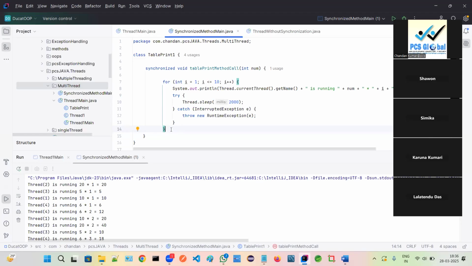That is clever, but the thread is also kind. Whenever it is leaving this method or resource, it thinks, I have already completed my execution, why keep it in lock mode? If I keep it locked, others can't access it. So since I am going outside, let me unlock it.